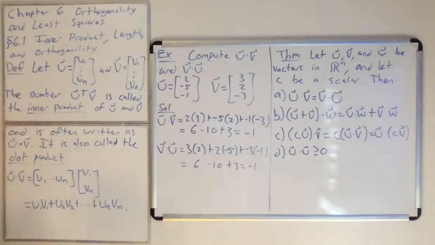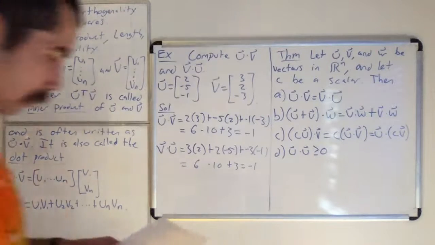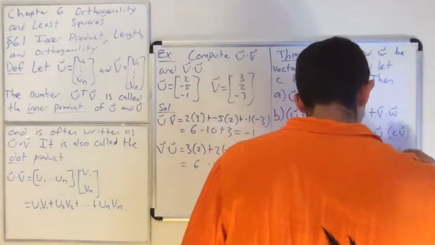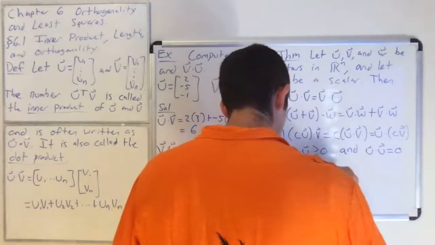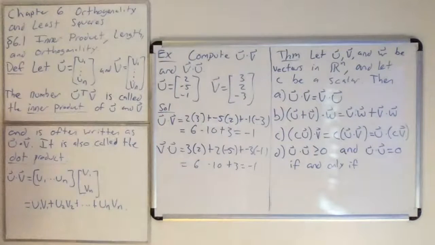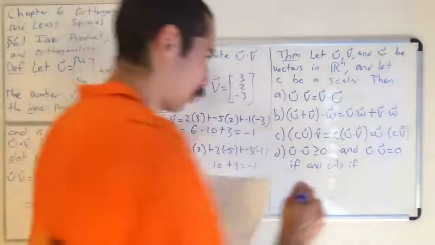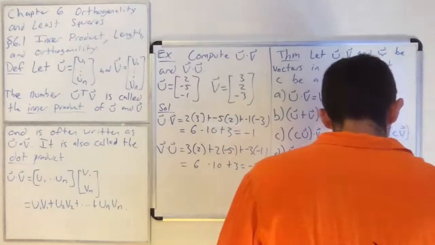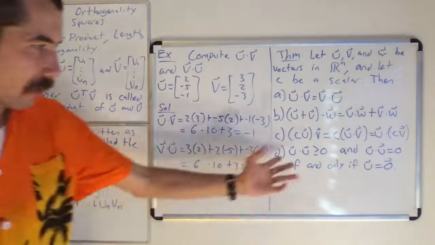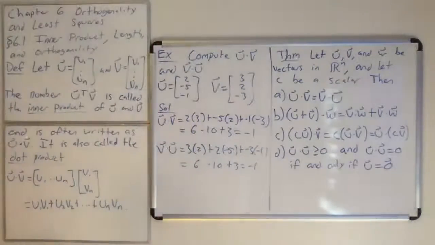And in fact, the only way you get 0, the only way you could get this dot product to be 0, is if our vector was 0 to start with. Okay, so this last part says if you take a vector and dot it with yourself, you get a positive number unless the vector you started with was the vector of all zeros.